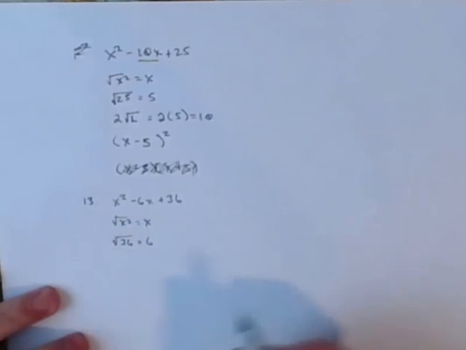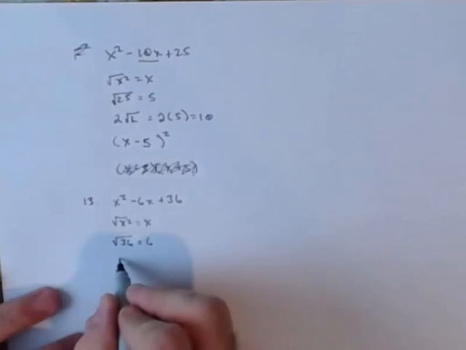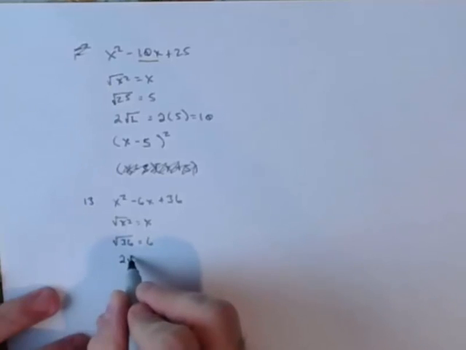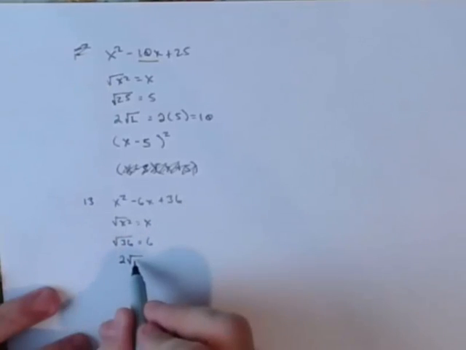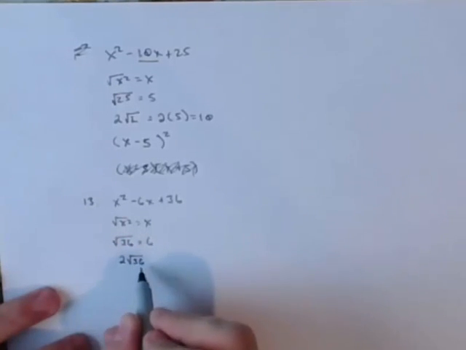That is 6. It's an integer. So yes, the first term and the last term are both perfect squares. Now we get to assessing the middle term. The middle term would be 2 times the square root of the last, which is 36, right?